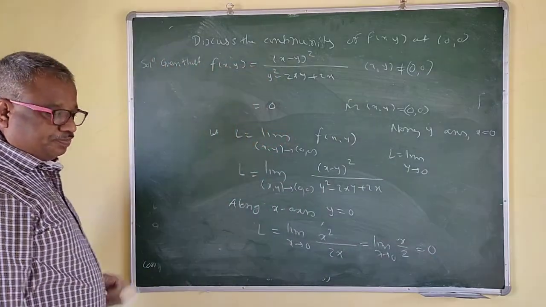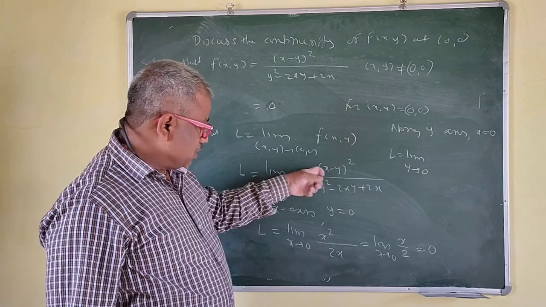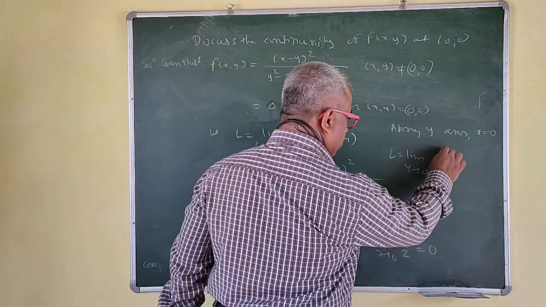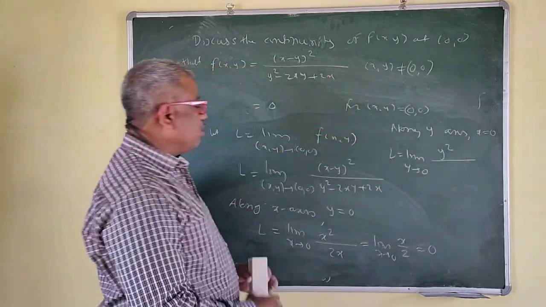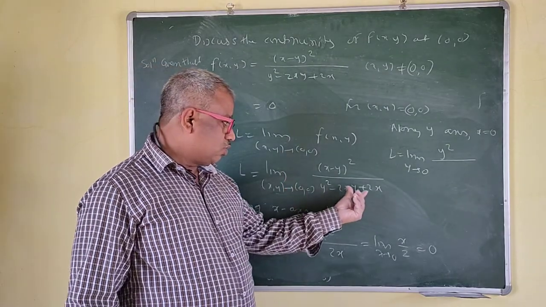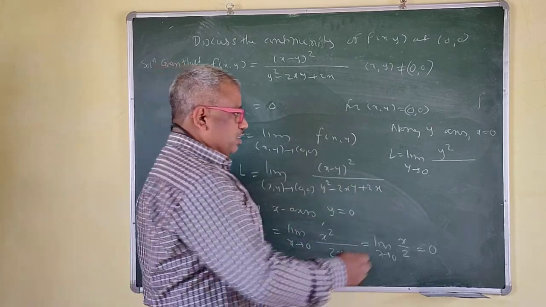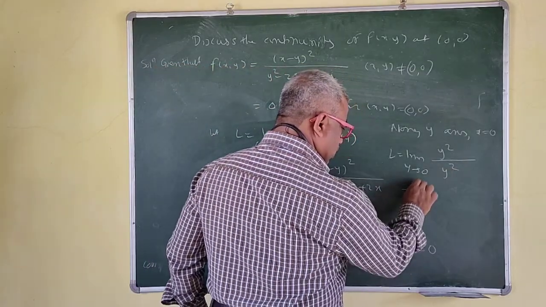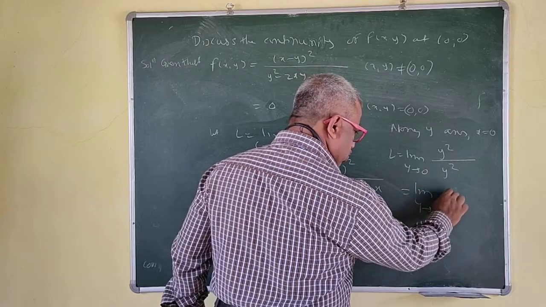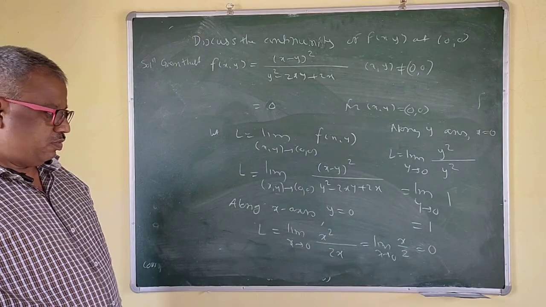You have to put x equal to 0. Your numerator will be y square. What about the denominator? Your x is equal to 0, so this is 0, and this is 0. That means it is y square. Right? So this is the limit as y tends to 0 of 1, and the limit of a constant is the constant. So this is 1. Right?